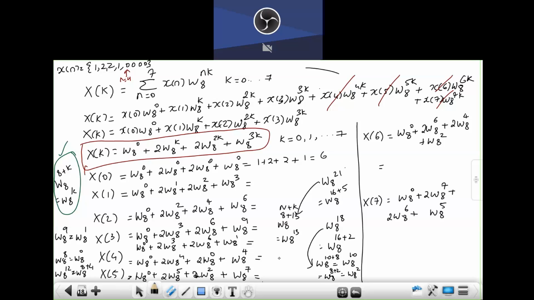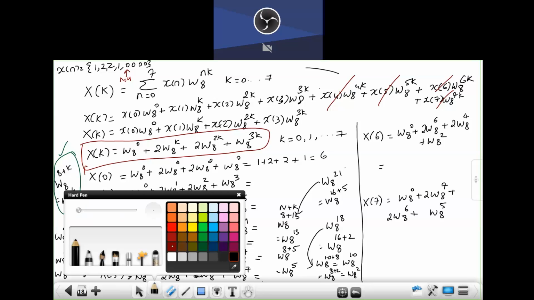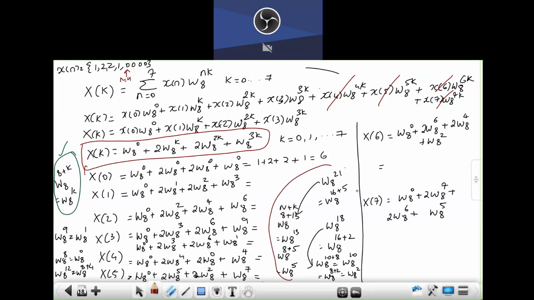Further you split W8 power 13 as 8 plus 5, the same as W8 power 5. Anything is fine. If you want to understand further, copy this down on the side. Let me erase this.